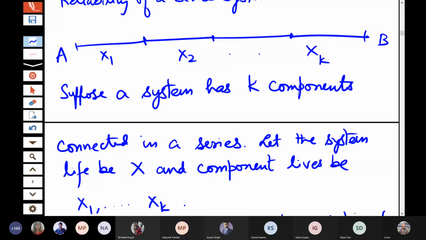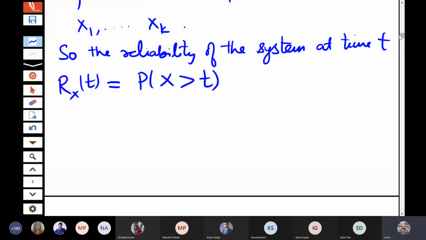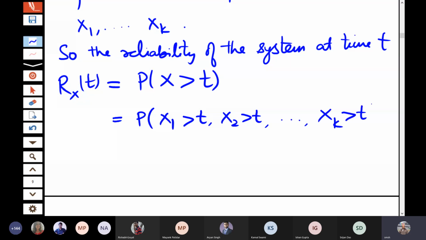The system will work if the device at my end is functioning, the internet is functioning, and then the device at the student end is functioning. So each of them should be functioning at time t. That means this is nothing but the probability of x1 greater than t, x2 greater than t, and so on, xk greater than t. All of them should be functioning.